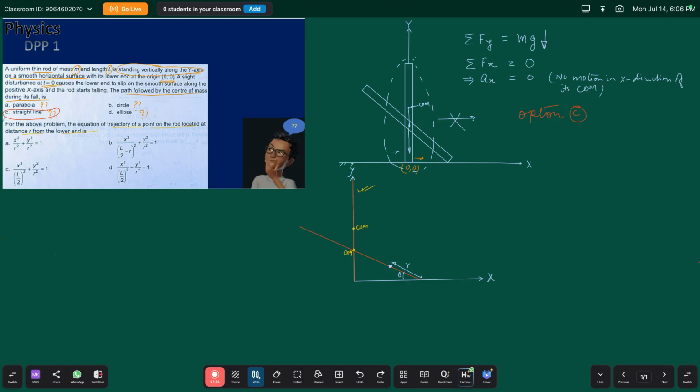Since the rod length is capital L and it is a uniform rod, its center of mass will be at the middle of it. So this length will be L by 2. Let us assign the coordinates x and y to this point P, about which the question is asking.